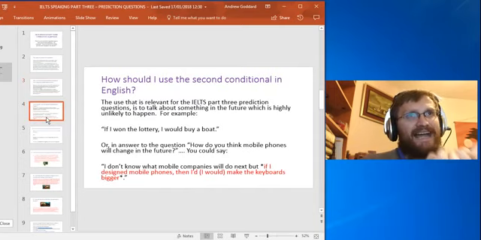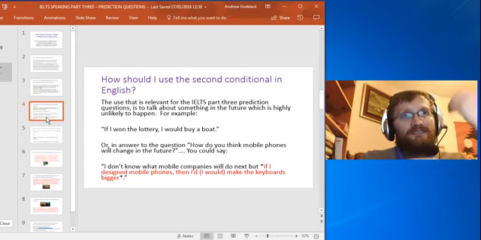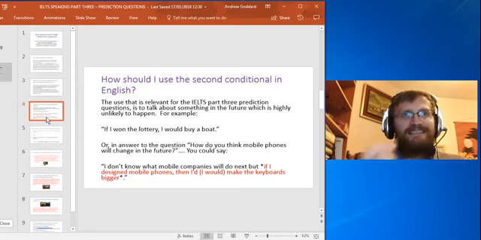Now, how can you use the second conditional in English? The use that is relevant for these questions, the prediction questions in the IELTS exam, is to use the second conditional to talk about something in the future which is very unlikely to happen. For example, if I won the lottery, I would buy a boat.